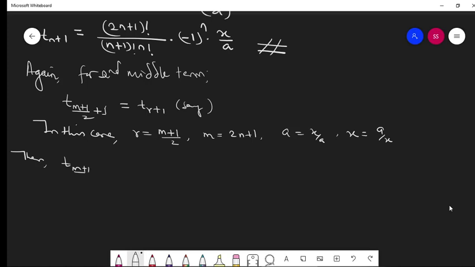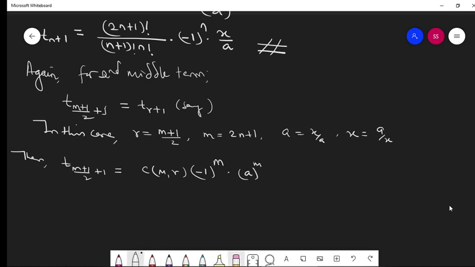T of (m plus 1) by 2 plus 1 equals mCr, minus 1 to the power r, a to the power m minus r.